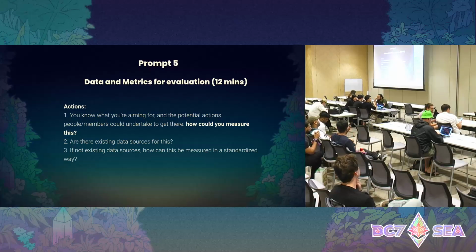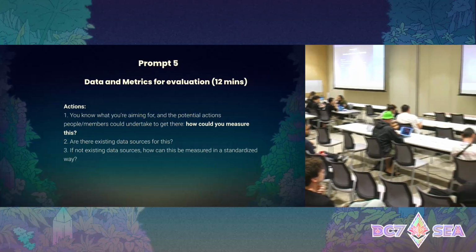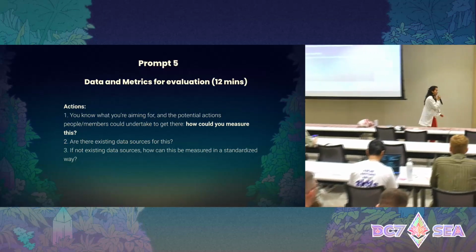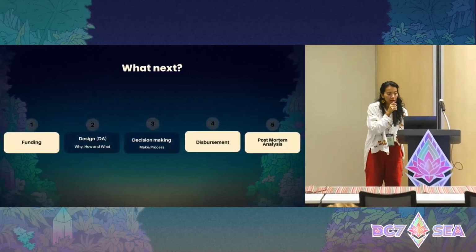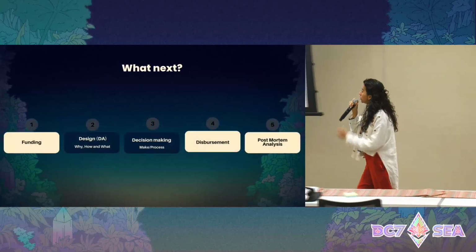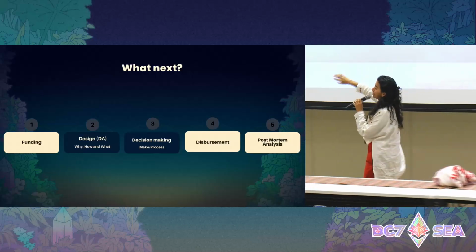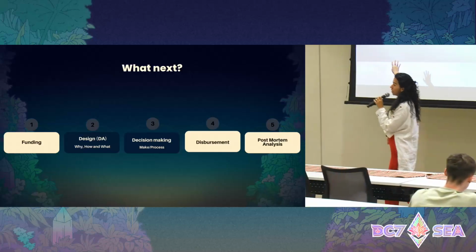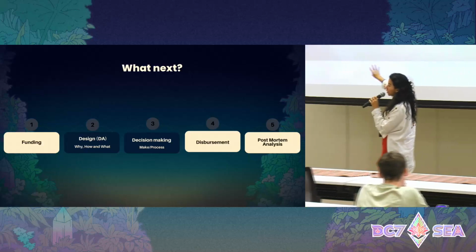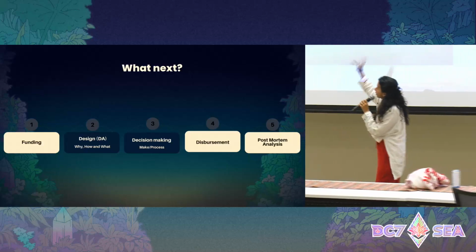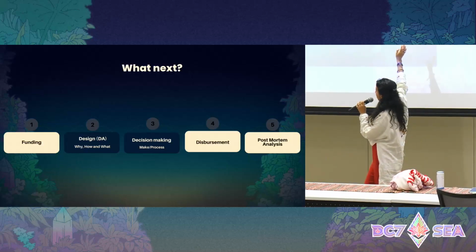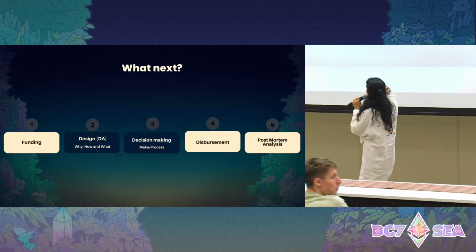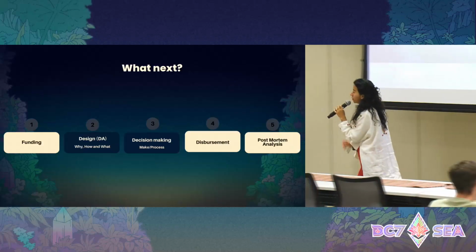So we're coming to the end, and I think now what would be really interesting, this was the last prompt. As I mentioned, this was a taste of what the design phase looks like when we're looking into mechanism design. There are several other steps that would follow, but right now we only focused on the design space of the problem.